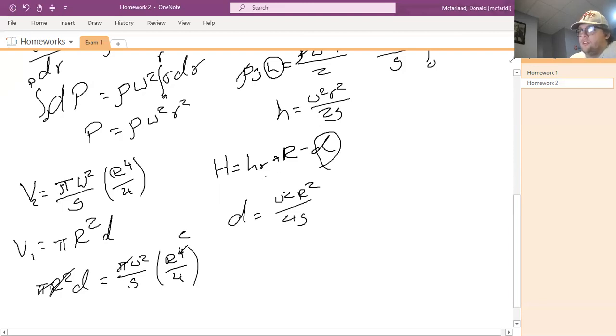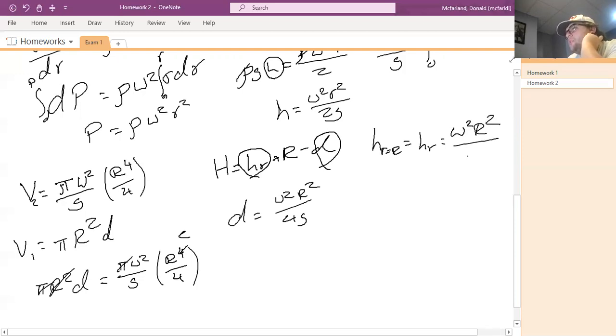And now notice we have one more term that needs to be put in terms of omega, hr. So as you can see in our equation up here, h is just omega squared times r squared over 2 times gravity. So to get big R into this, because we have big R and d, we're just going to set r equal to big R. So hr is just going to be angular velocity squared, big R squared, radius of the cup, remember, over 2 times gravity.